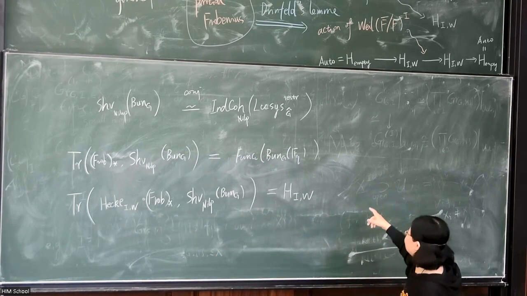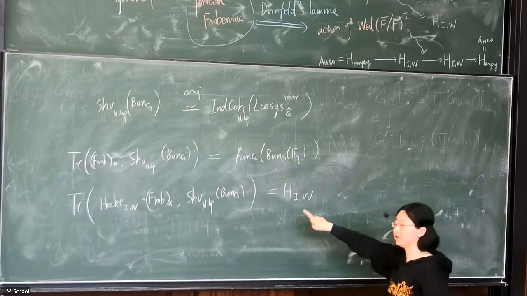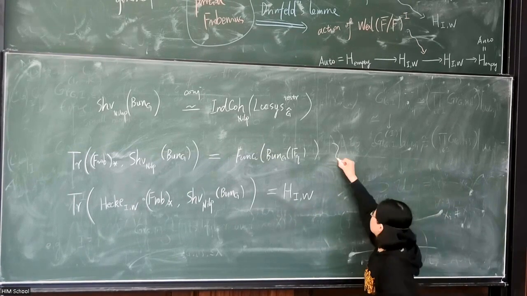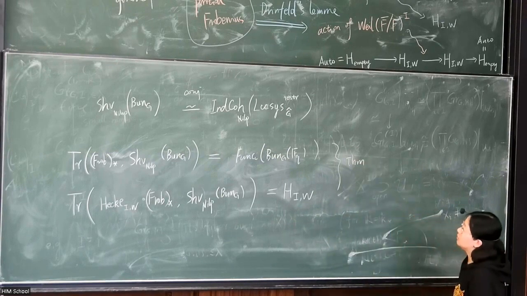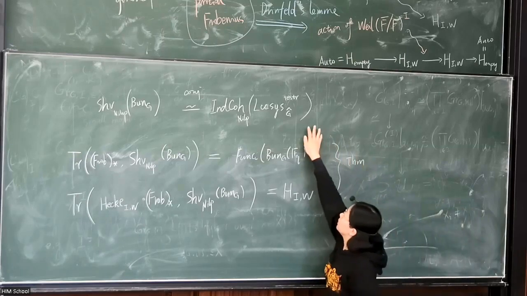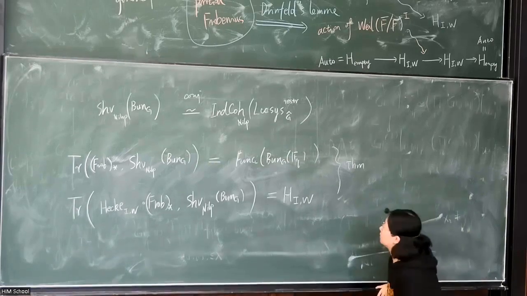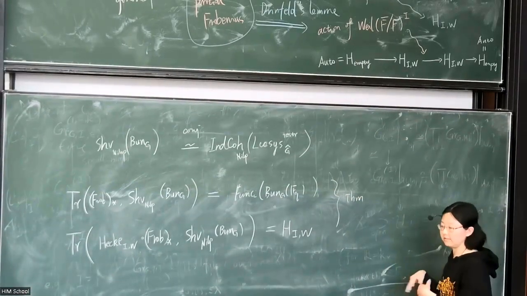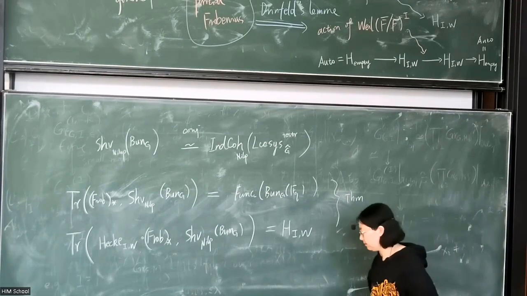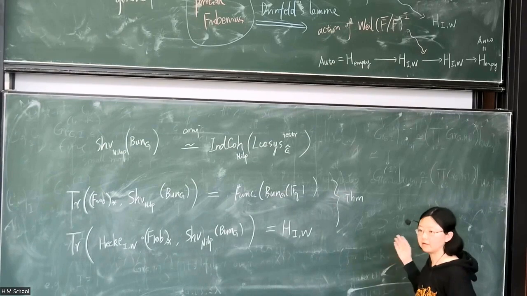I just want to say that in fact the cohomology of Shtukas you can recover this way. So these are theorems. Then they take a trace of this side, and this will give you something better than the decomposition of Langlands.